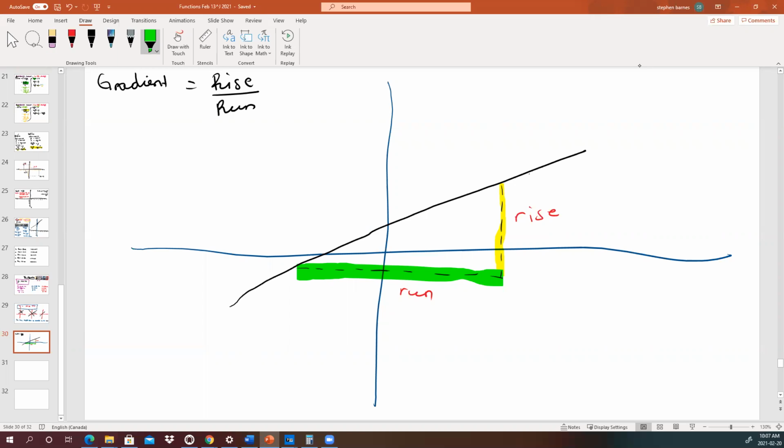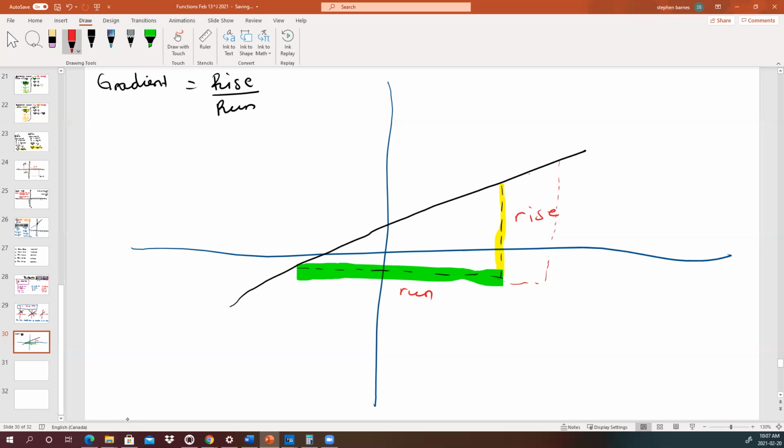Again, I drew my triangle like this, but if I opted to make my rise start from right here, and my triangle gets a little bigger, I would just measure my run all the way back here, and my rise all the way to this top here. So it's just the same thing. It doesn't matter which 2 points you use, just like when we were doing it on the table.